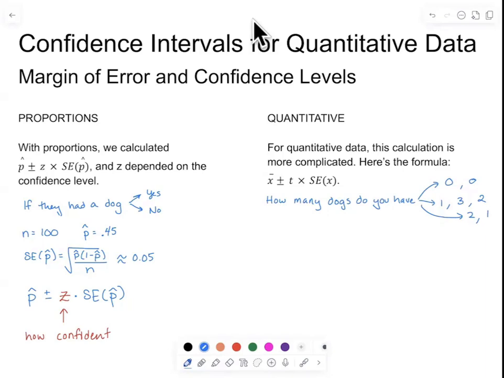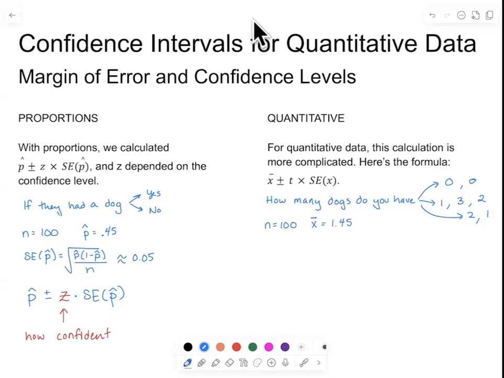Just like before, we use n to tell us the sample size. Maybe in this case, we ask 100 people. But instead of getting a sample proportion like p hat, we would get a sample average like x bar. Let's say our x bar is 1.45 dogs on average.